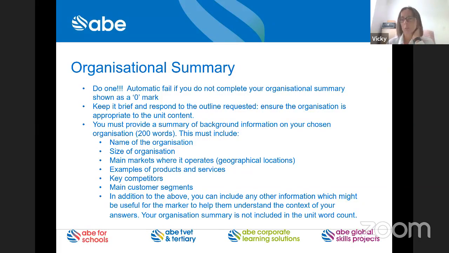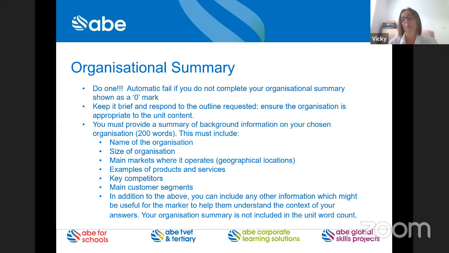It could be you're doing 2 or 3 units and you pick an organisation and it actually works for all 3. That's completely fine. There's no problem with that, but do make sure you read the questions and make sure the organisation is relevant to answer those questions and give you a good chance at answering those questions.